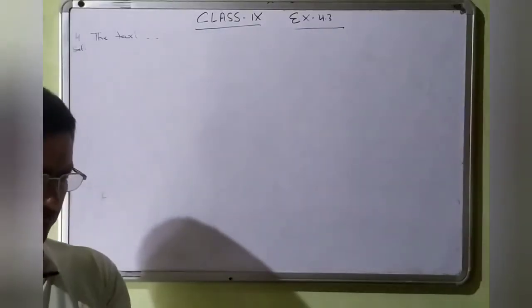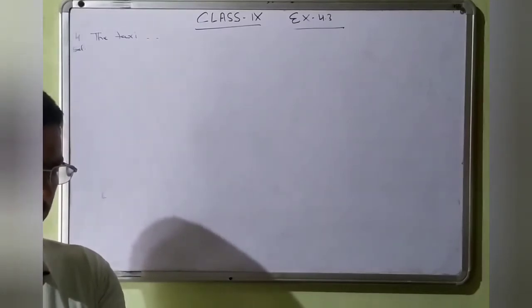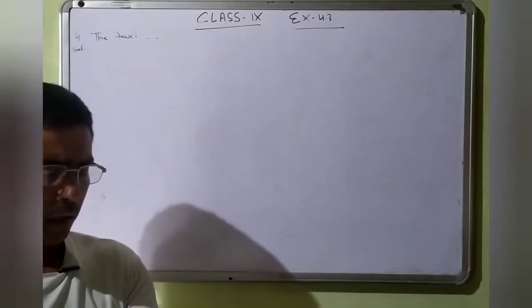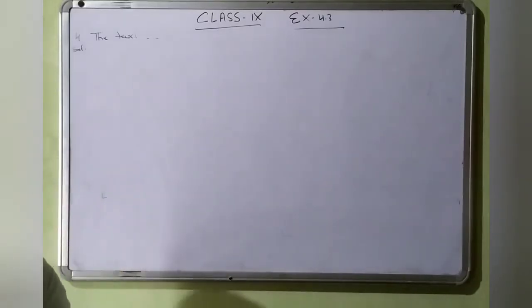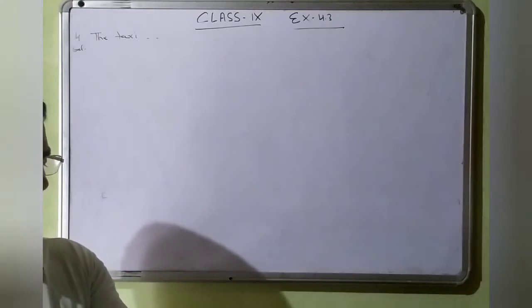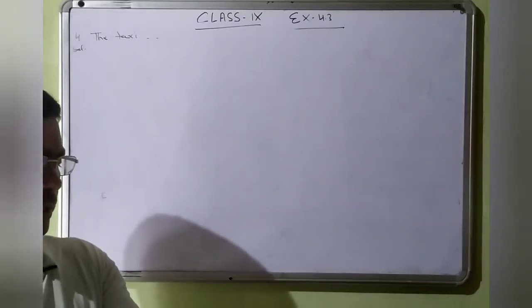Right. Now question number 4. It's a very lengthy question, so I am not writing here, I am reading. The taxi fare in a city is as follows. For the first kilometer, the fare is rupees 8, and for the subsequent distance, it is rupees 5 per km.